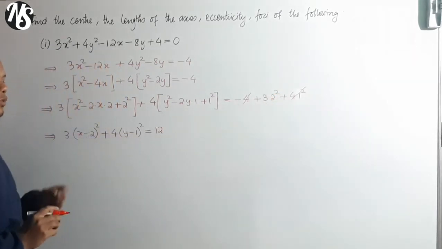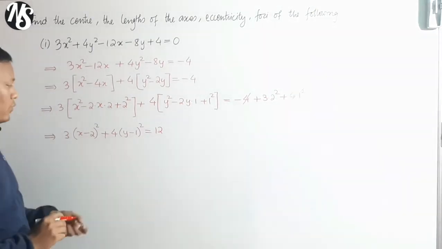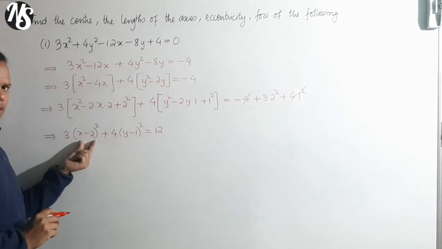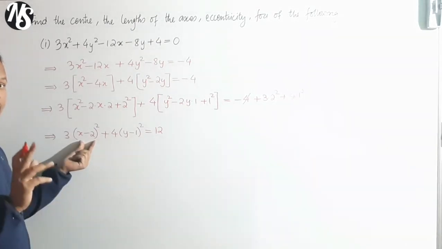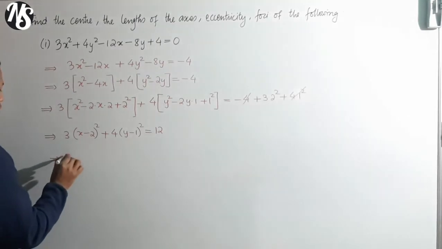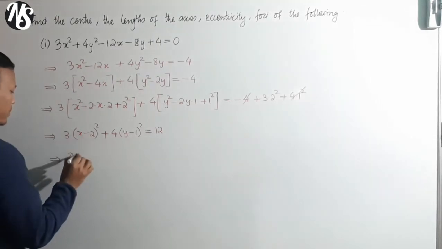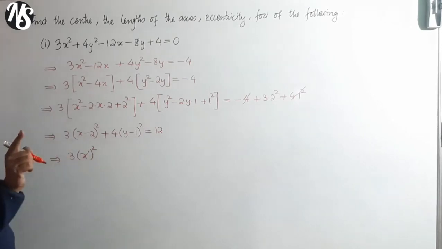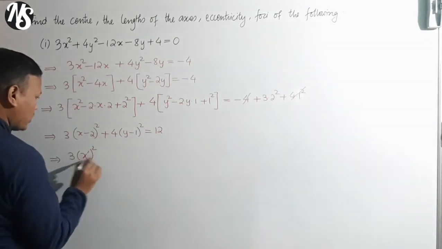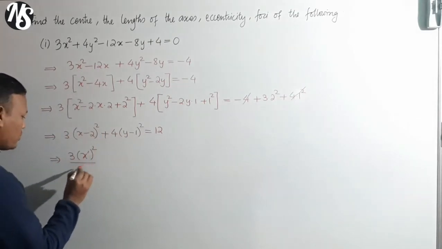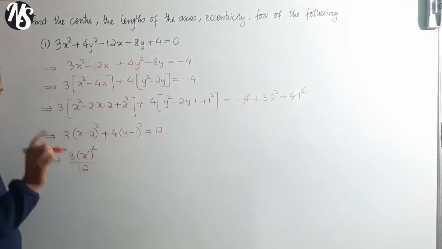Now if you want to convert this into standard form, what you need to do is, this has to be replaced by x dash, if you remember. So this can be written as 3 x dash square, shifting of origin, remember. Now here we need to make it 1. So we need to divide both sides by 12 as well. So I'll do that also here only.